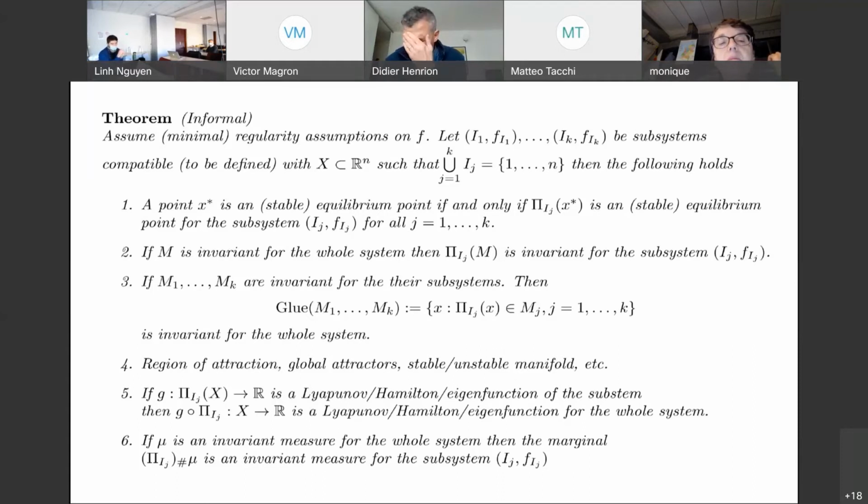So you want to restrict it to, for example, the unit ball because it comes from some physical constraints. Then the subsystems should be compatible: the sparsity should be compatible with the dynamics, but also with the set you're considering, so that your dynamical system factors into subsystems.